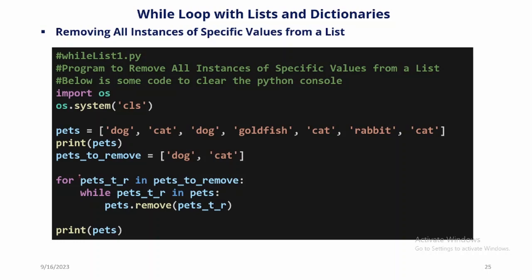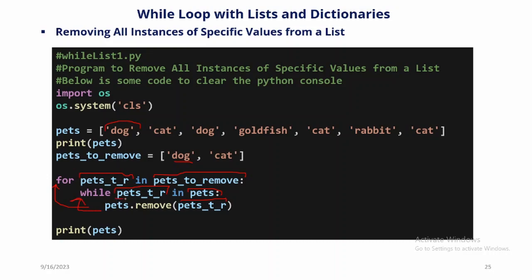So let's analyze this. We say for pets tr in pets to remove, the first time it takes dog. While dog is still in the list called pets, remove dog. The first time it removes dog, but it doesn't stop there, so it will now come back to this while loop.